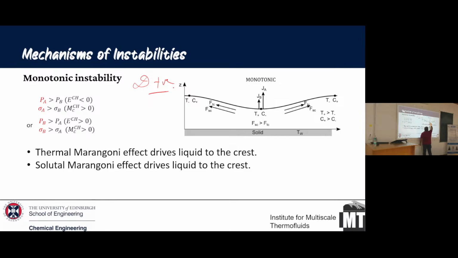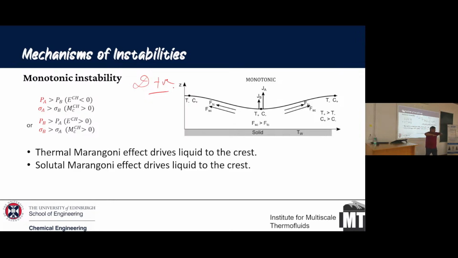This is C minus. Because there is a dip, your temperature is closer to the wall, so this is a higher temperature. The temperature at the crest is lower, so there is this thermal Marangoni pull there. The concentration is lower in the dip because it is close to the surface, and higher at the crest, so there is a pull on both sides in the same way.